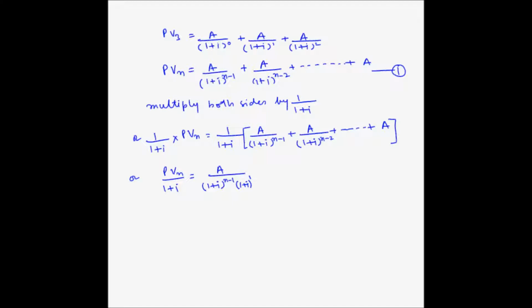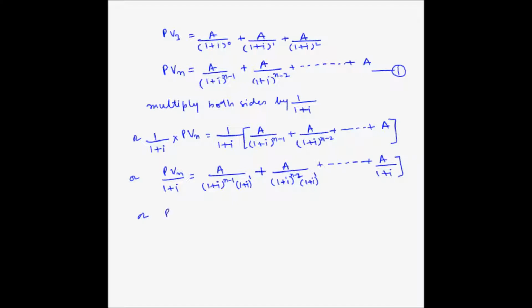So 1 plus i to the power 1, plus, now we'll multiply this with the second term. So A divided by 1 plus i to the power n minus 2, into 1 plus i to the power 1, and the last will become A divided by 1 plus i.